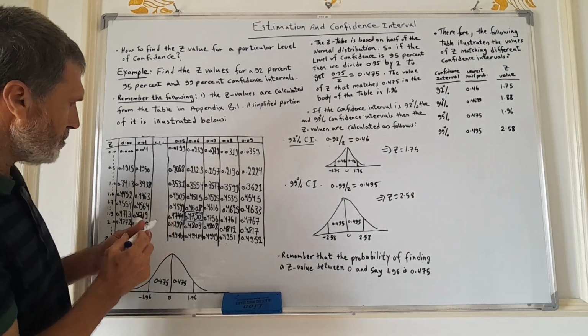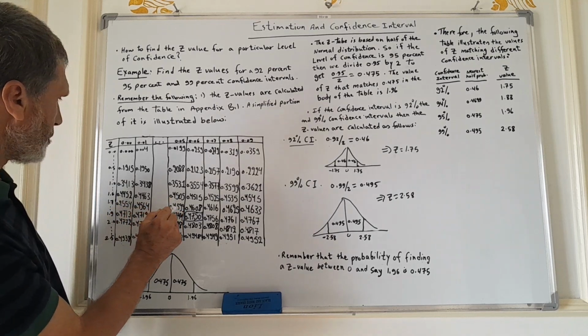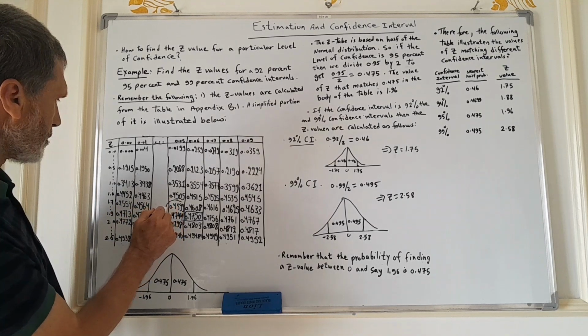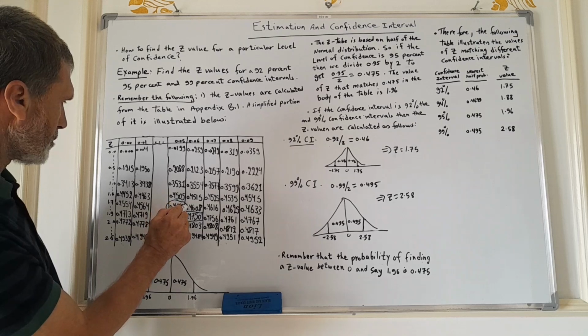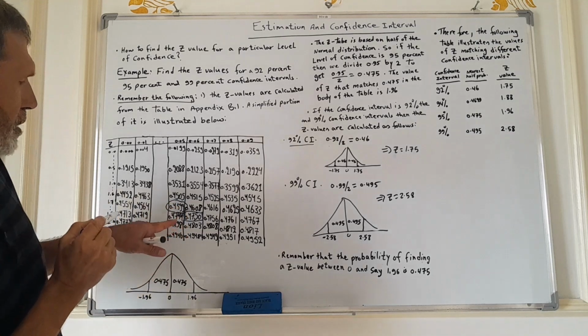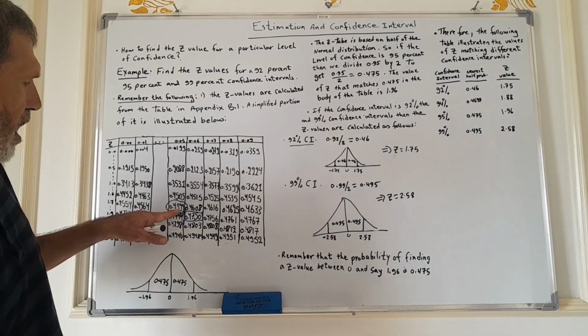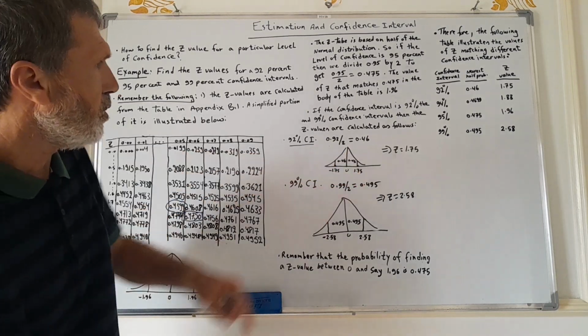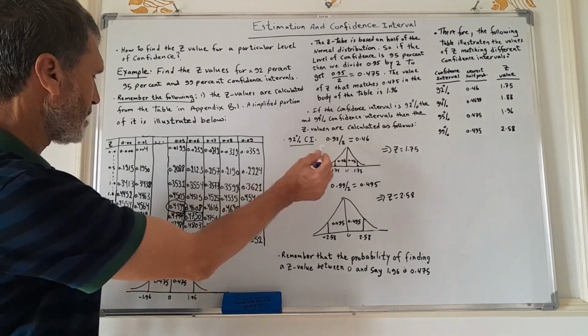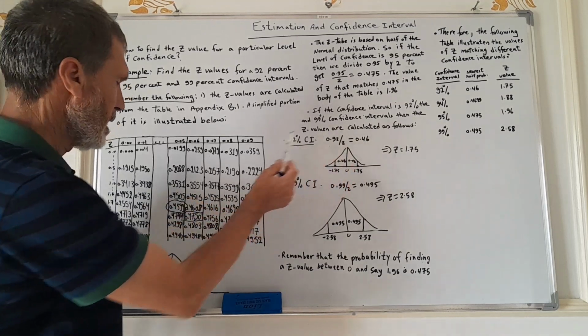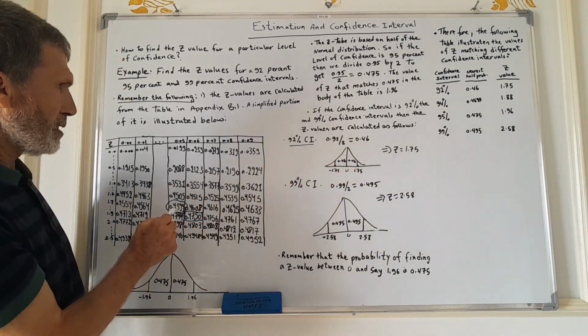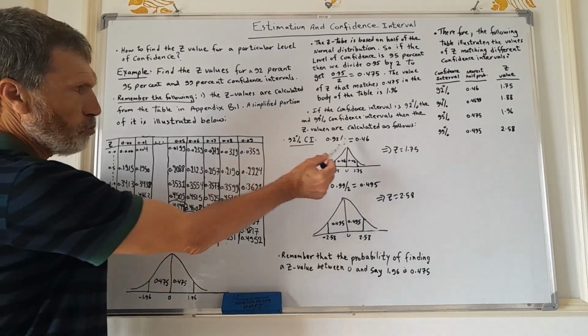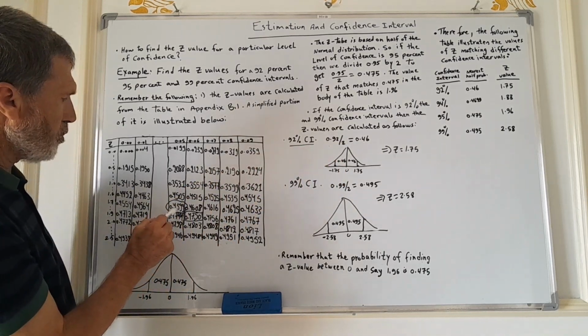This is the number. The number that approximates 0.46 is 0.4599.